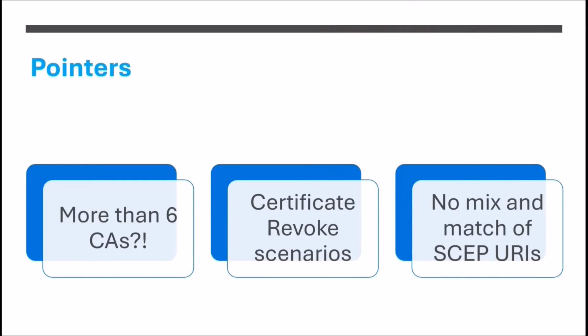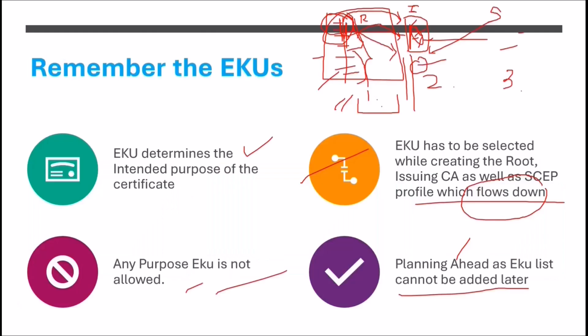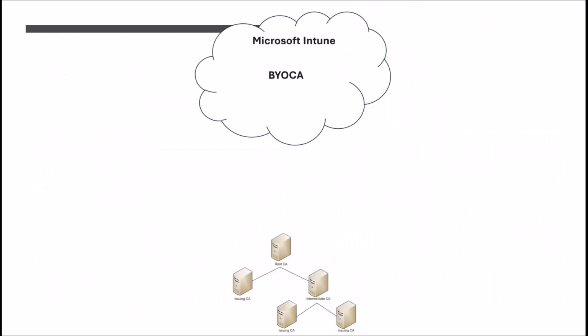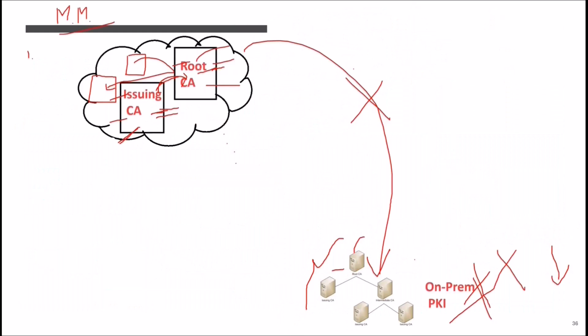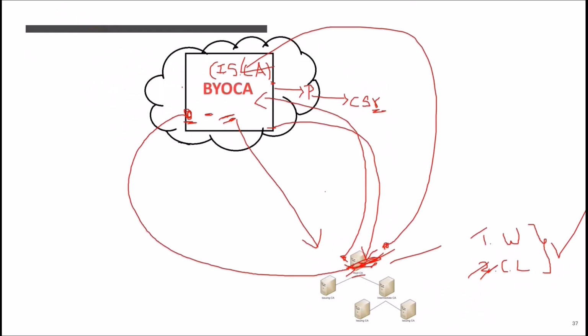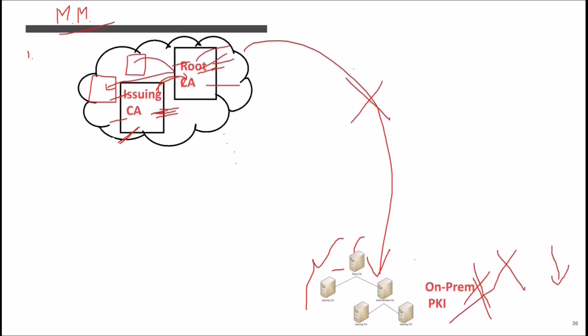Okay, now there are a couple of things that we need to keep in mind. When we said that we can create a root in the cloud, let me just go back. Over here, I said that we can create a root in the cloud and an issuing CA in the cloud, or we can create only one issuing CA in the cloud. Now, there is a limit to this.